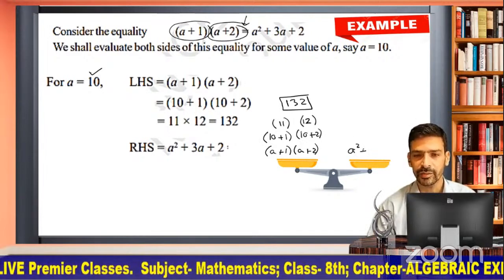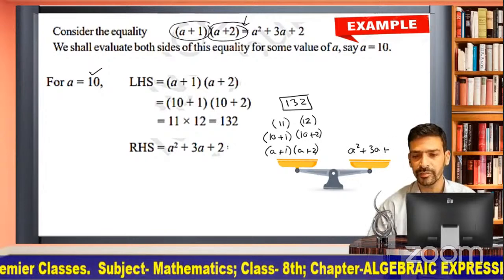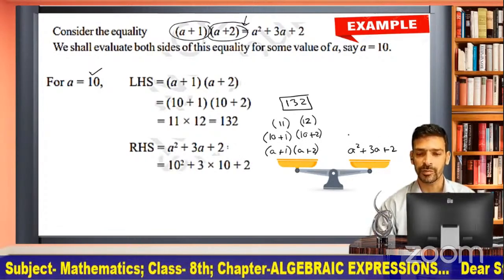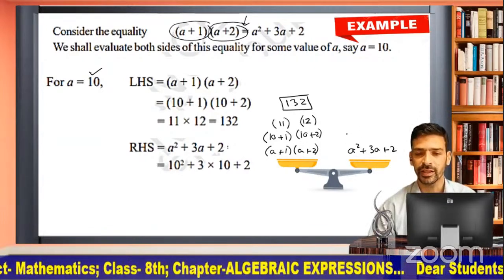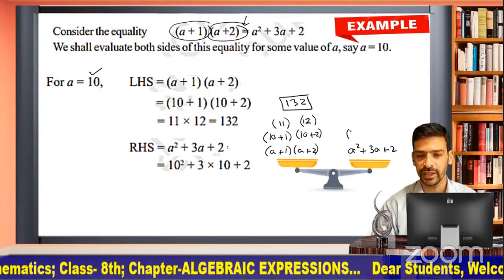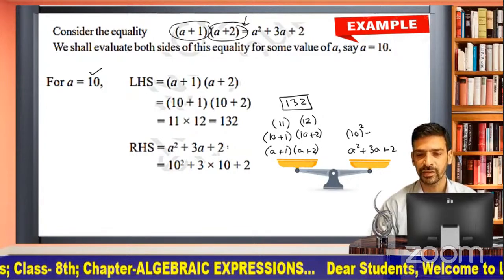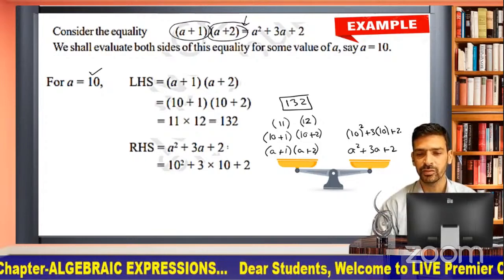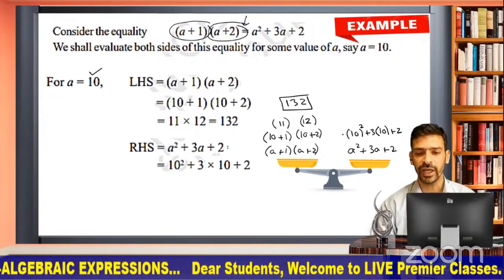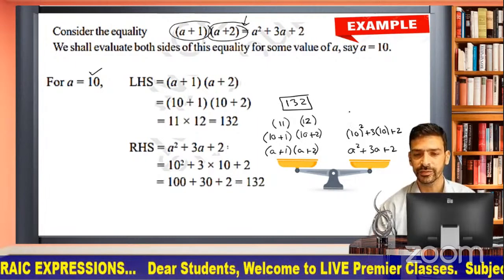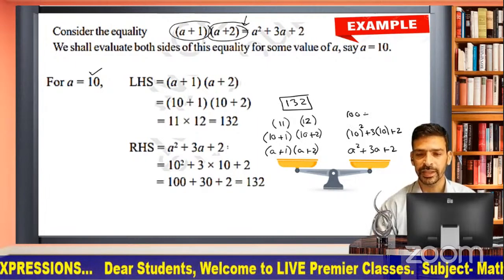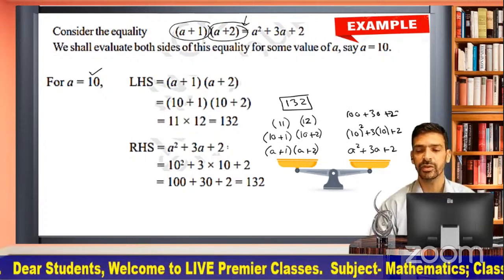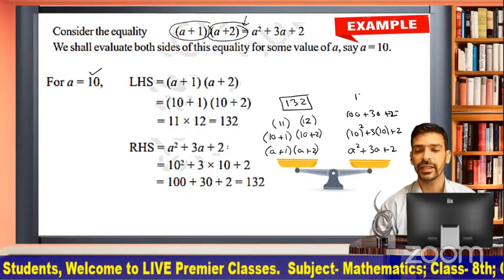A square plus 3a plus 2. Substituting the value for a, हमने a का value 10 लेना है. It is 10 square plus 3 times 10 plus 2. So 10 square is 100 plus 3 tens is 30 plus 2. So we got 132.